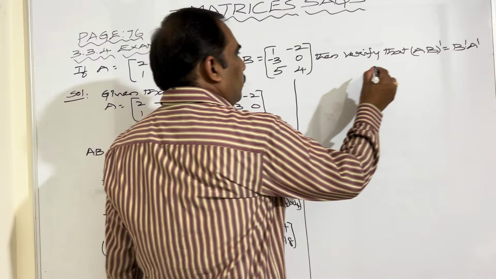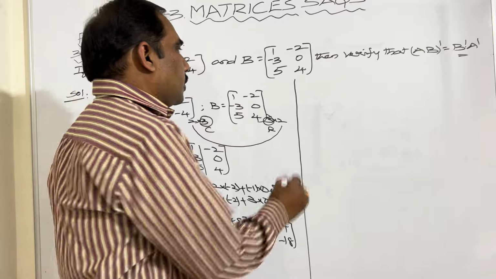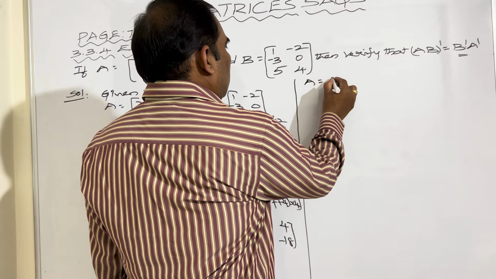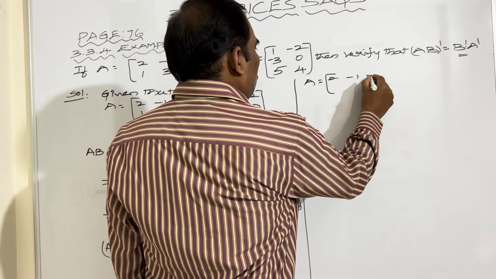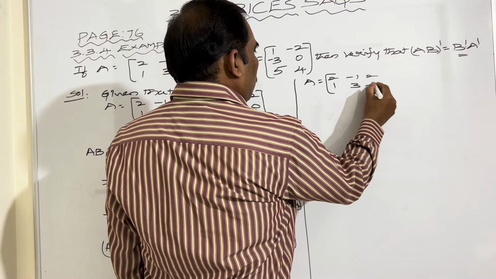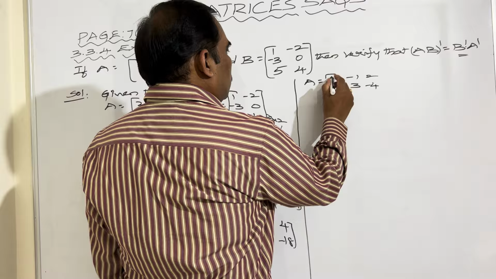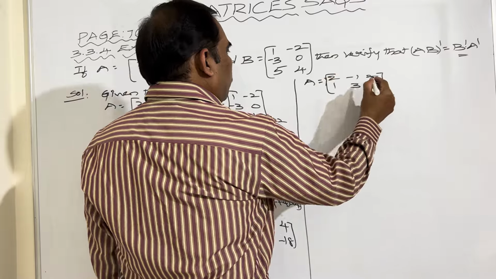Now actually what we have to verify here is B transpose into A transpose. What is given: matrix A is equal to [2, -1, 2; 1, 3, -4].